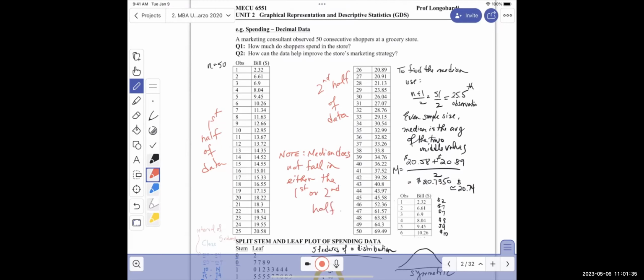Okay, in general, the median does not fall in either the first or second half. It's used to divide the data. It's a very important point. You're going to get the wrong answers otherwise. So now that I have the first half, how do I find Q1? Any ideas?